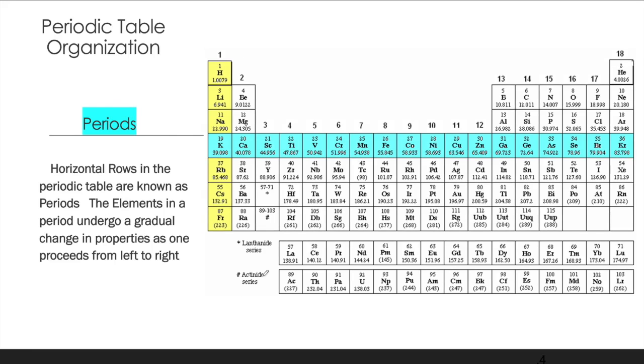The horizontal rows in a periodic table are known as periods, and the elements present in a particular period all contain the same number of energy shells. Okay, to recall, energy shells are these imaginary paths along which an electron orbits around the nucleus at a certain velocity.